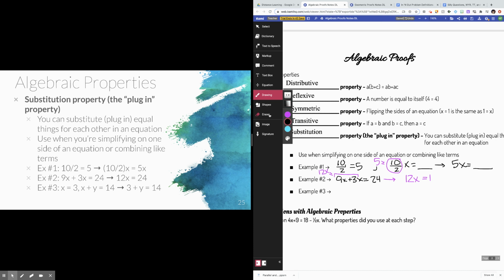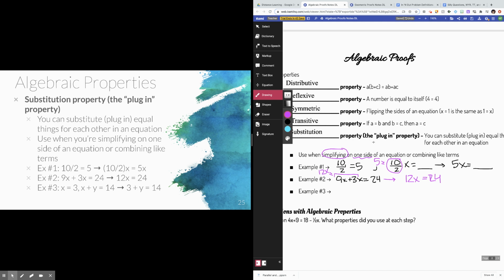Some of y'all are probably watching the video and thinking, Miss wrote that wrong, which I did. Sorry about it. So essentially what I did is that instead of writing 9x plus 3x, I wrote it as 12x instead. I plugged in 12x where 9x plus 3x used to be, right? So this is me simplifying one side, and that's the key: you're simplifying on one side of an equation.